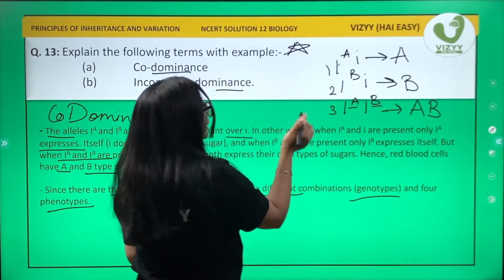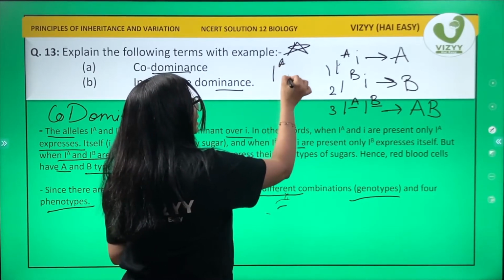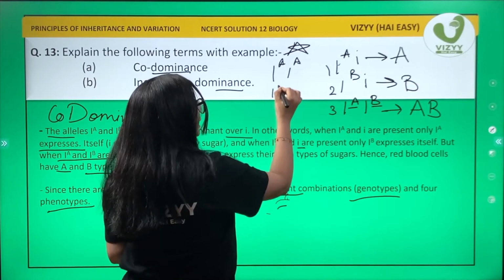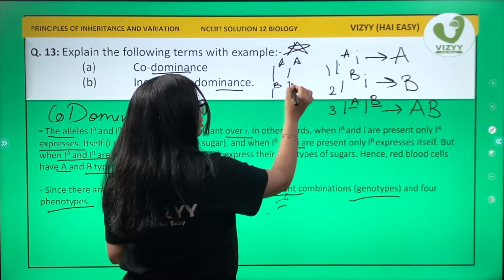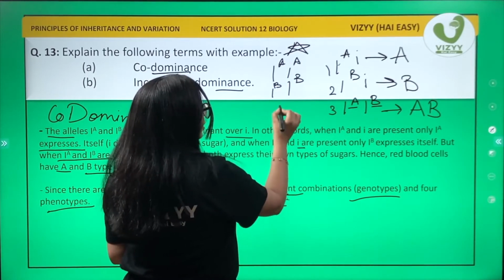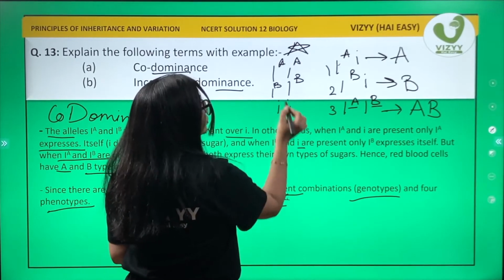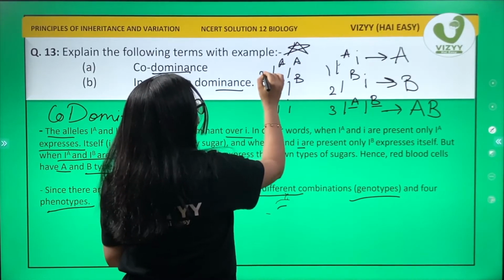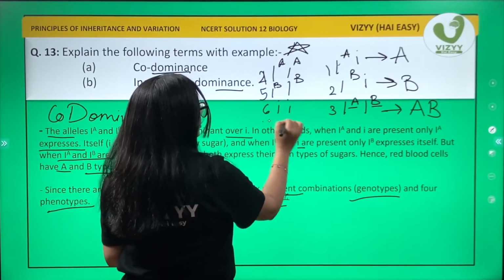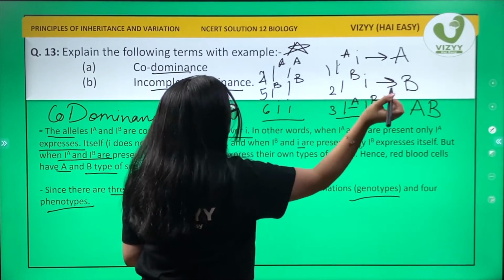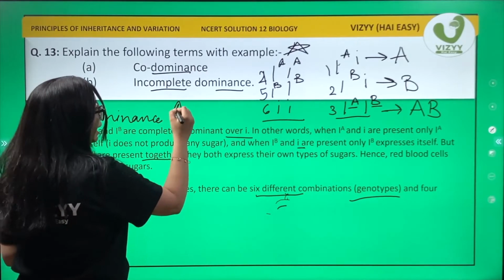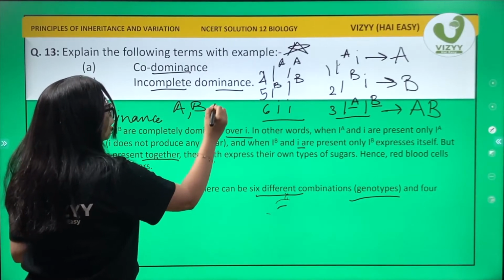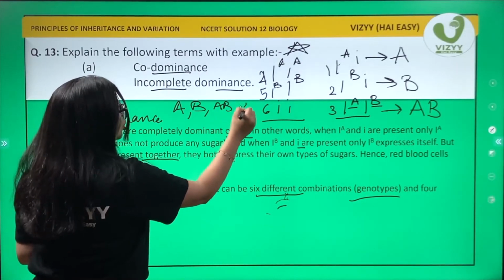The other would be IAIA, IBIB and ii. Okay, so these are the other 4, 5 and 6. So these are the genotypes. Phenotypes are A, B, AB and O.